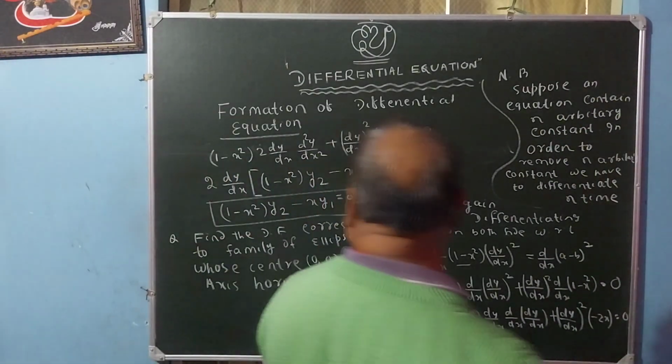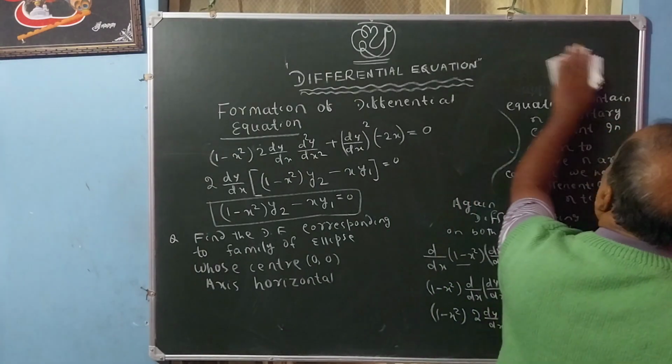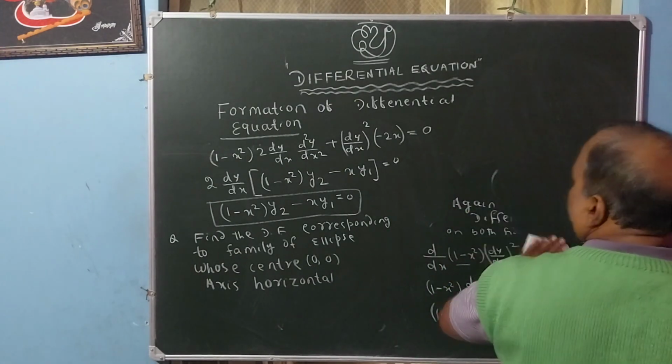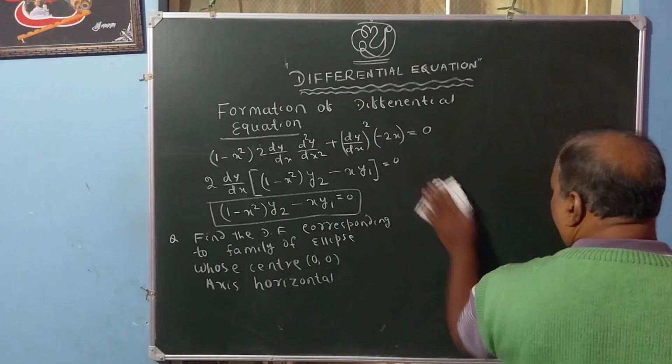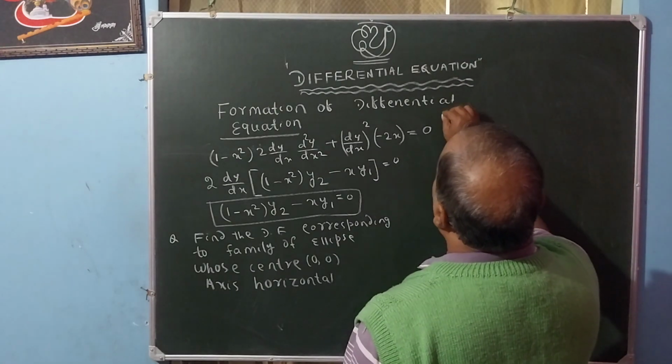But first of all we have to know what is the equation of the ellipse with center (0, 0), that is taught in 11th class. So now write down the equation of ellipse.